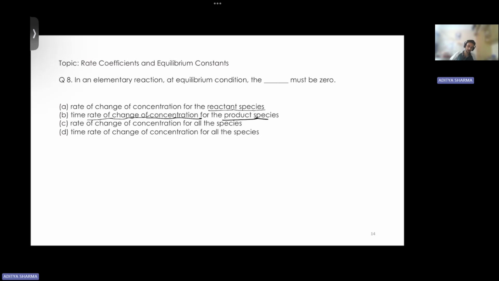The third option states that the rate of change of concentration for all the species must be zero, while the last option states the time rate of change of concentration for all the species. So it states that yes, it's the rate of change of concentration of all the species, but with respect to time. Okay.